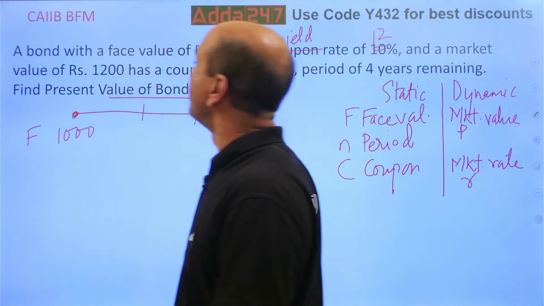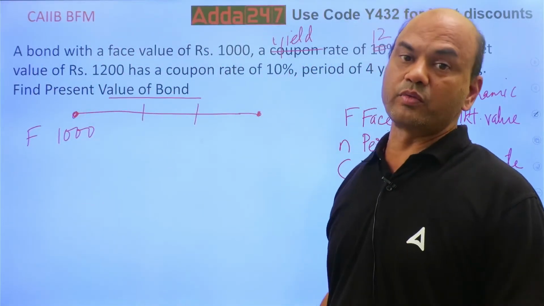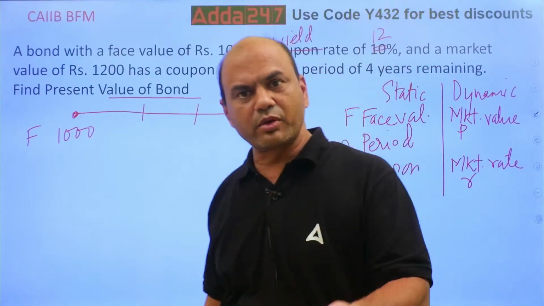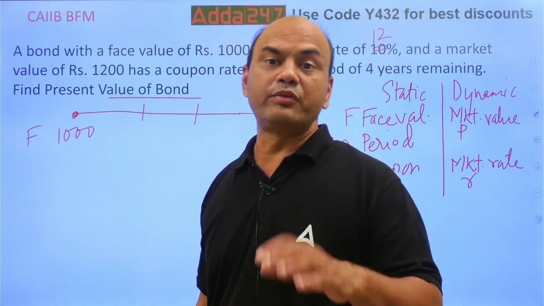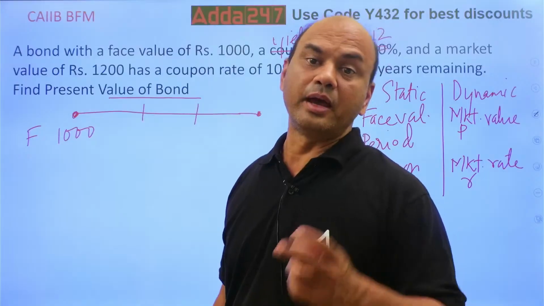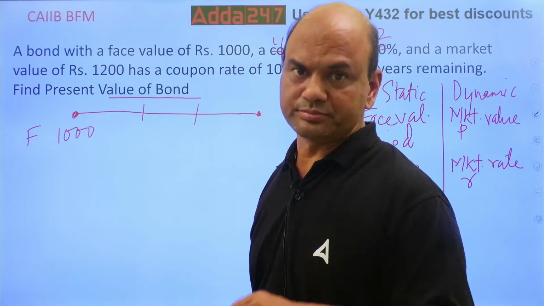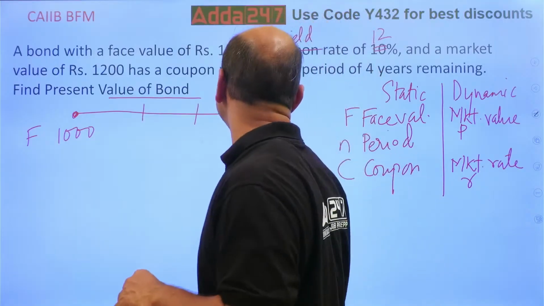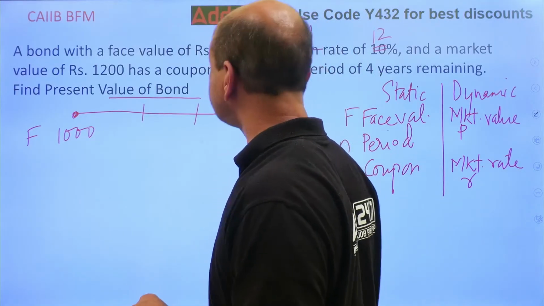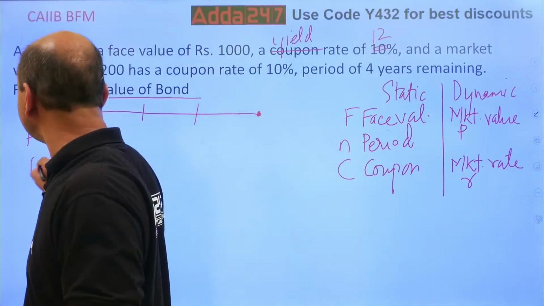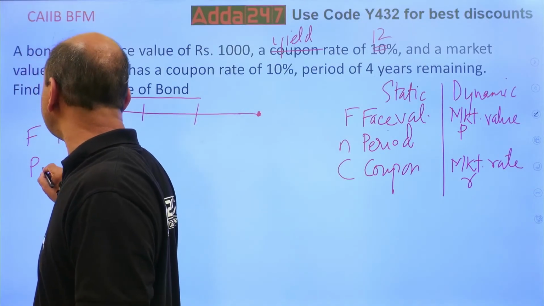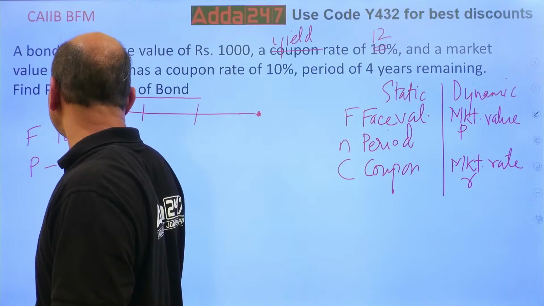And present value is given as 1200. What does it mean? For getting this bond of 1000, I have to pay 1200. I am paying 200 rupees extra because of premium. Premium is extra. The present price is 1200.